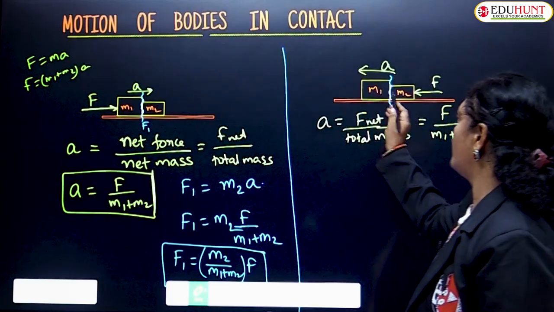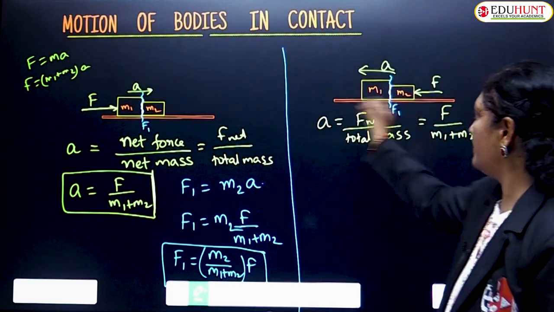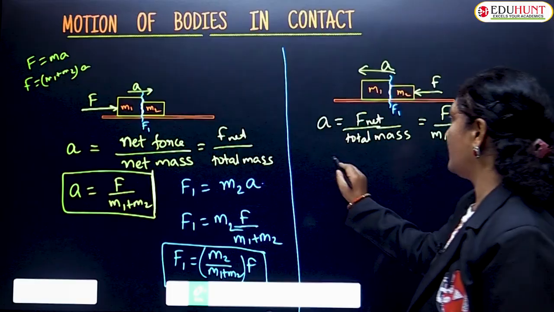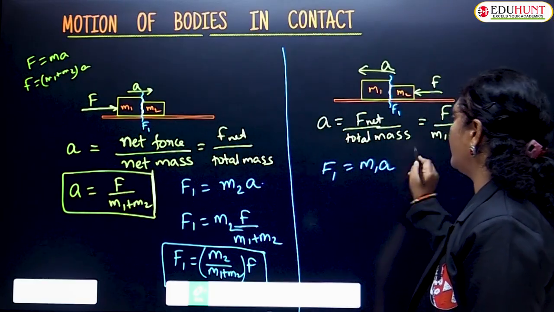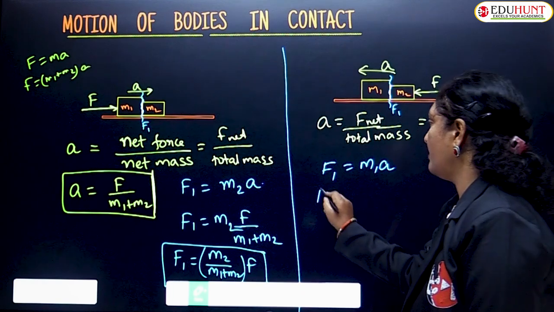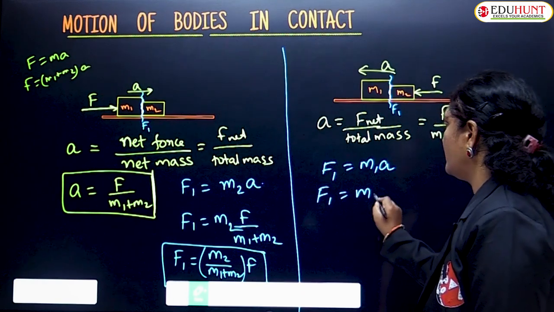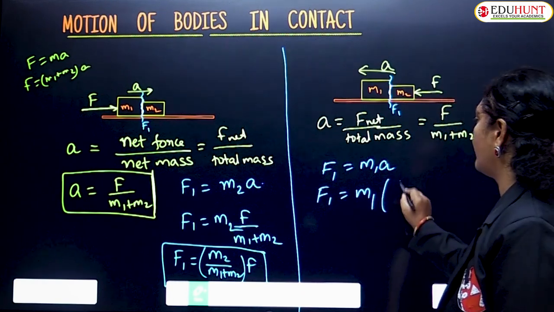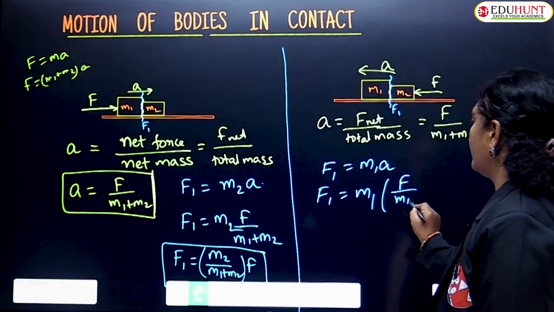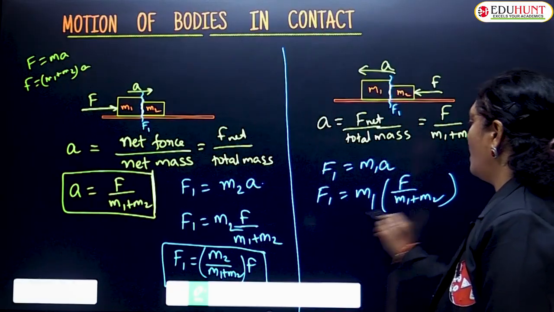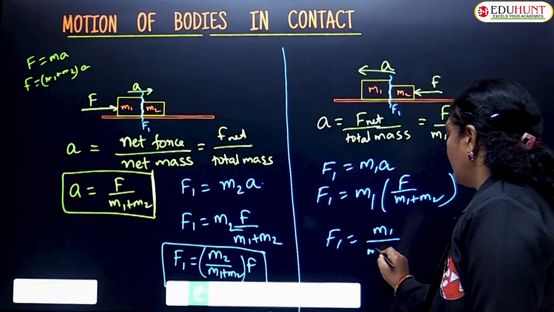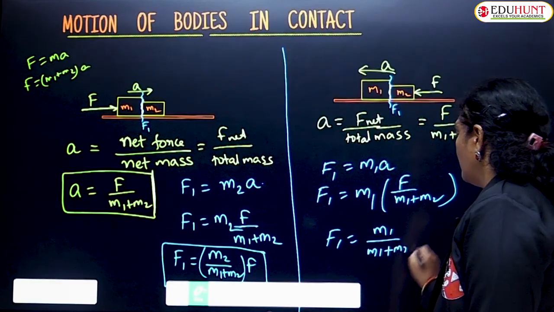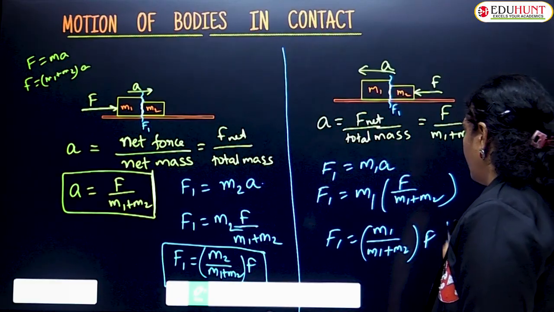So because of this contacting force F1, this block m1 also starts moving, and clearly the value of F1 is equal to m1 times a, or F1 is equal to m1 times the acceleration, whose value is F by m1 plus m2, or F1 is found to be m1 by m1 plus m2 into F.